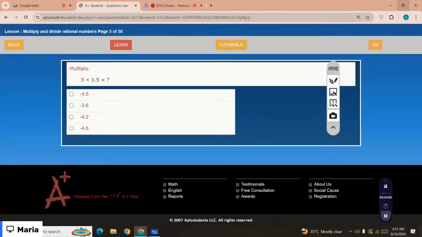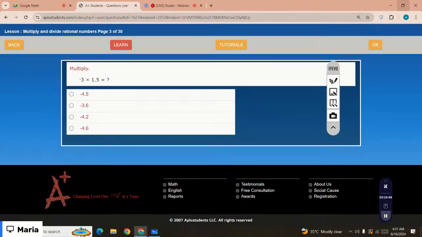Negative 3 times 1.5, which is the correct option? The correct option is negative 4.5.